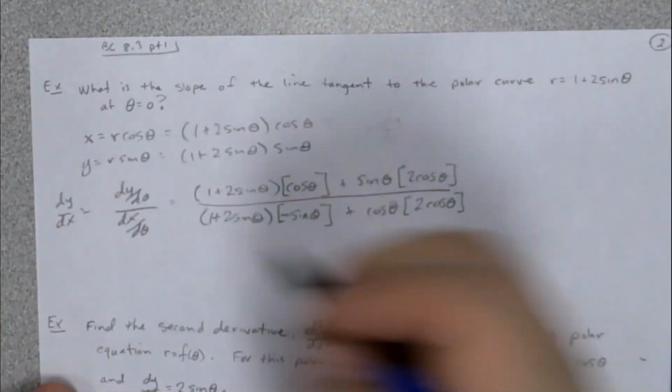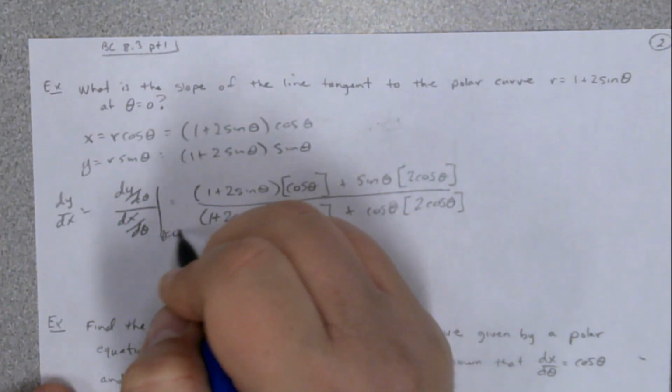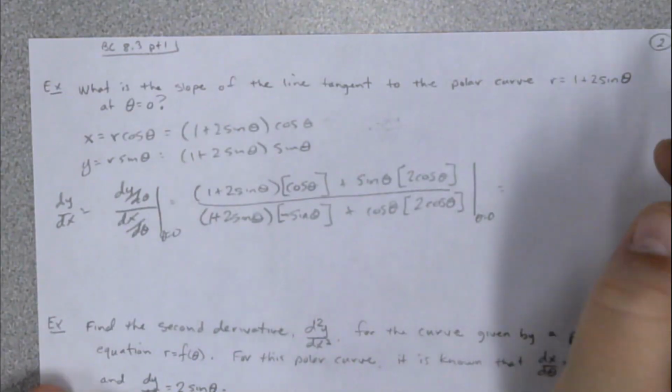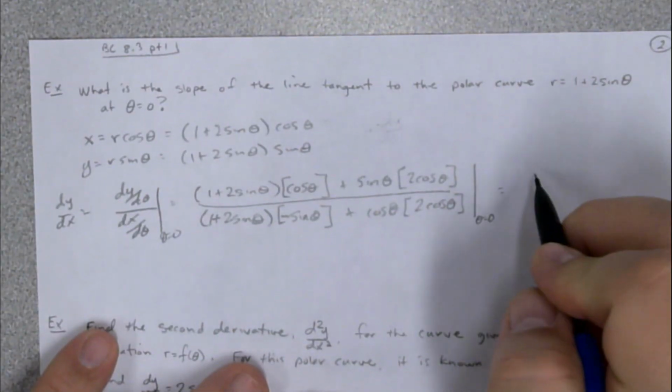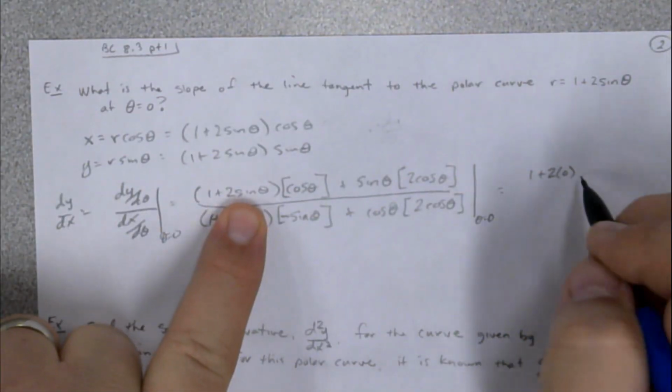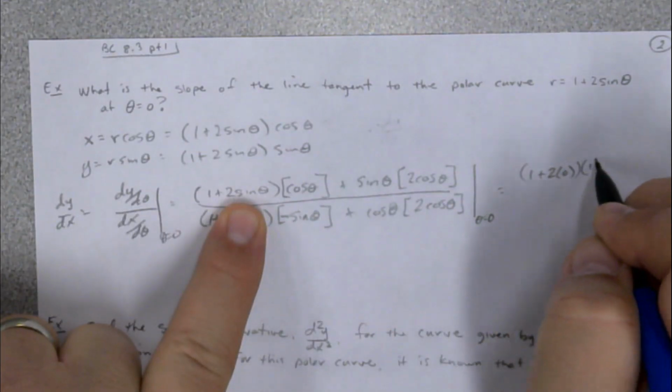And we want to evaluate this when theta equals 0. And so we just plug in all of our zeros. 1 plus 2 times 0, because the sine of 0 is 0. The cosine of 0 is 1.